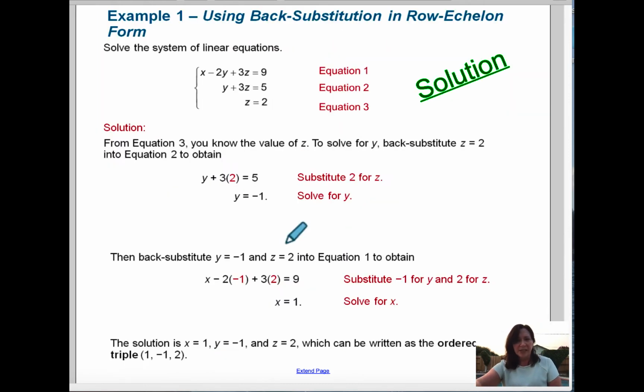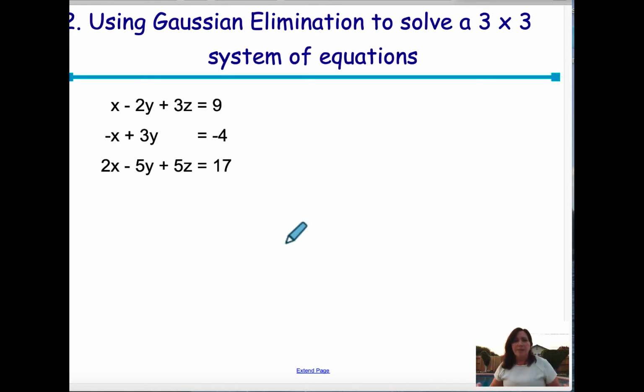This is just basically back substitution, showing you exactly what I just did. So, totally fine. Now I want to show you Carl Gauss's elimination method with a 3x3. I know we did an elimination method with a 2x2. Let's do the elimination method with a 3x3. First I'm going to eliminate x's.